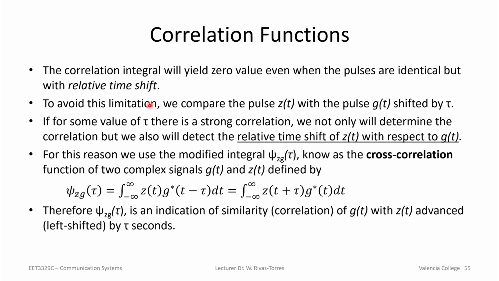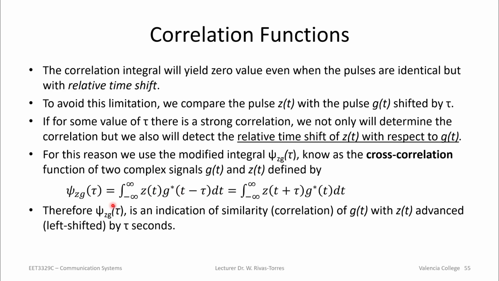The way we do that, when you have a relative time shift, is we come up with a function we call psi, and we call that the cross correlation. The nice thing about it is this function psi is a function of tau, where tau is the delay. So we're replacing capital T, which we've been using all the time, with tau to make ourselves think it's more generic.